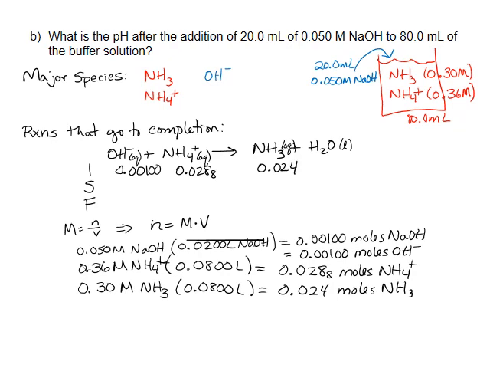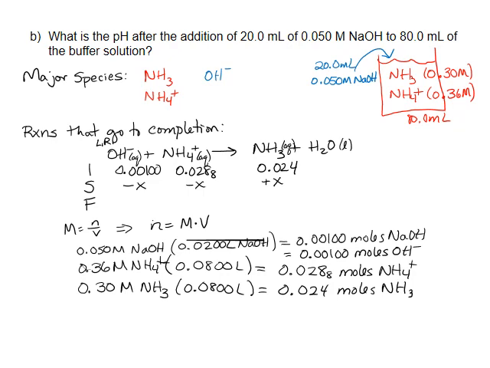For our stoichiometry row, we can use X's. Our hydroxide is our limiting reagent. The reaction's going forward, so we'll have minus X's for our reactants and plus X for our product.